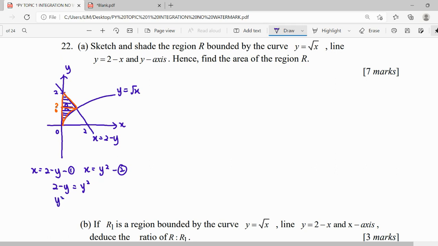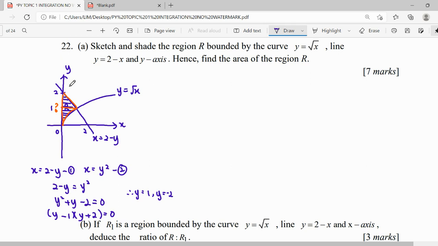So we rearrange our quadratic: y squared plus y minus 2. So y will be equal to 1, or y will be negative 2. So here is the value of 1.